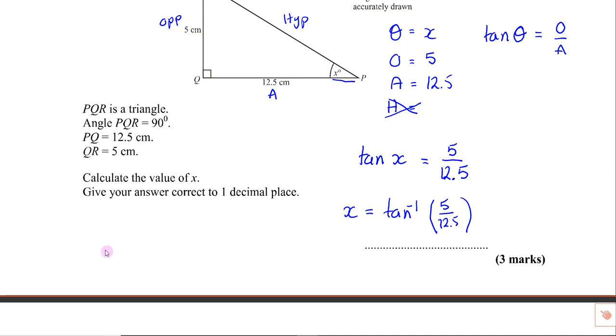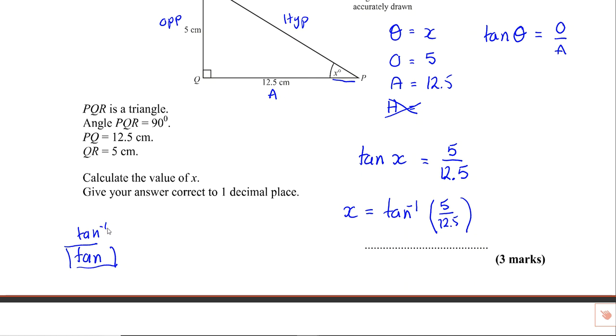Now you'll hopefully notice that on your calculator, you'll have a tan button, and above it will be the tan to the -1. And you have to press your shift button or something to get it. Okay? Or your second function, or whatever it's called. Some calculators it's second function, some calculators it's shift.